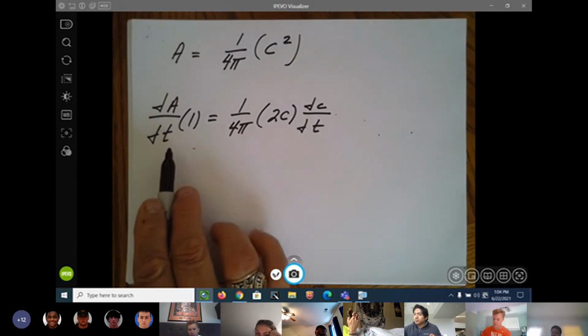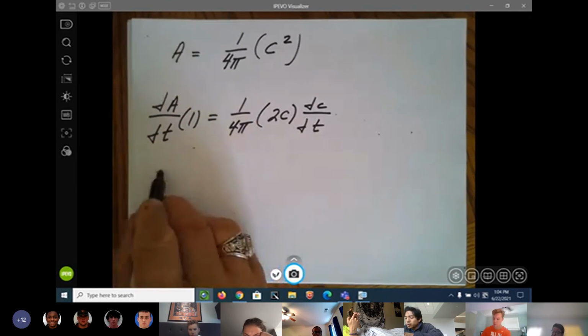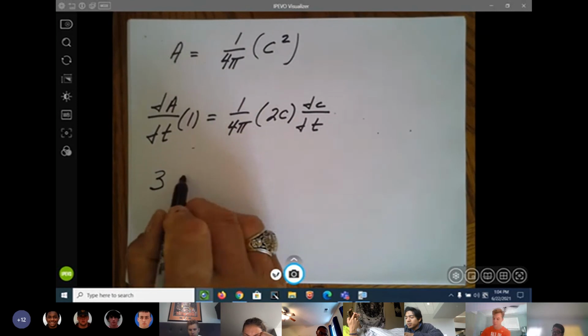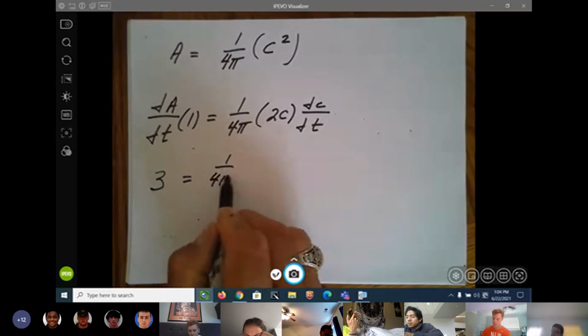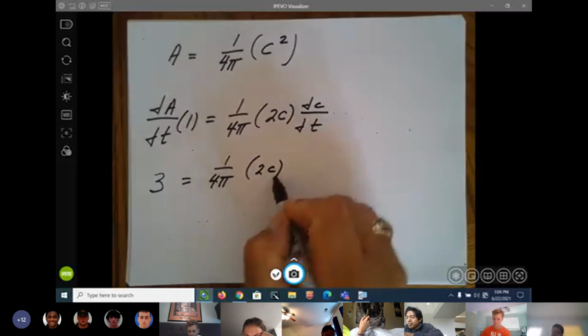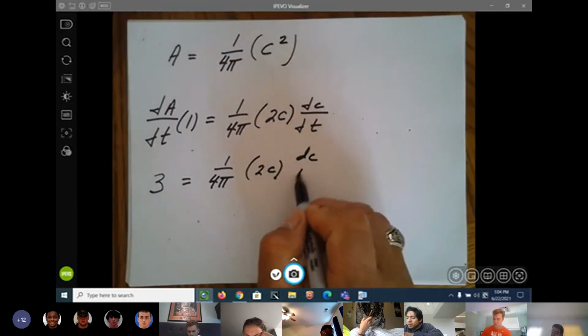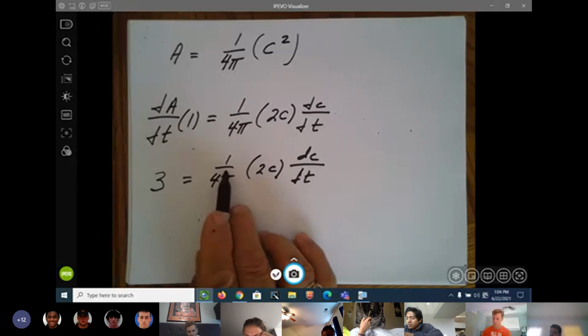Now, we know that dA/dt is equal to 3, right? Because that's the rate the area increases. That's 3 is equal to 1 over 4 pi times 2C dC/dt. And crunch all this down, and that's going to be 2 over 4 pi.